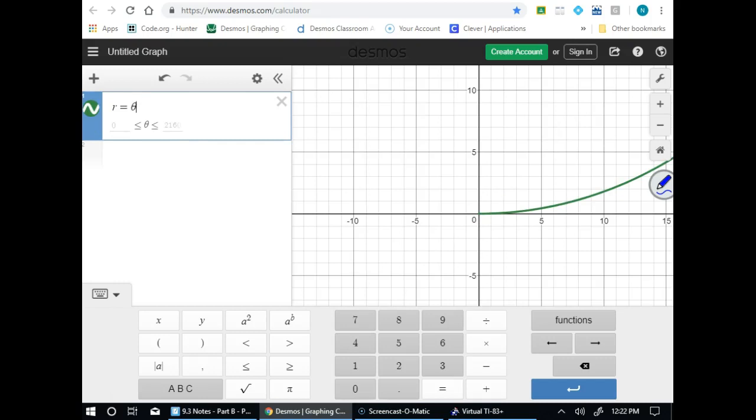It'll graph r equals theta, and 2 theta, and theta squared minus r, 4r. It'll graph all of that stuff. Why won't it graph theta?